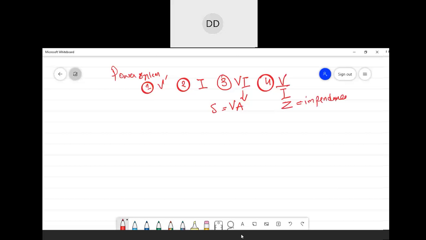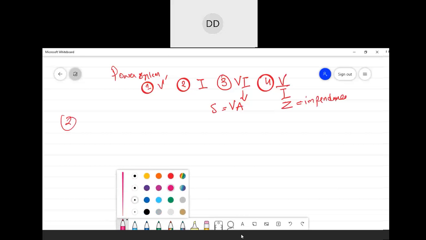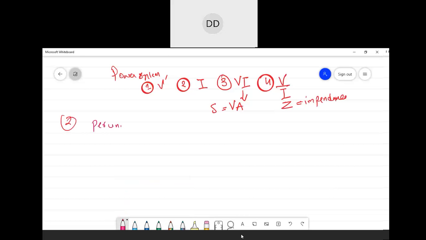So basically, when we are studying the impedance in this per unit system, I already explained what per unit is. Any quantity, if you have to express it in terms of per unit, it would be Z actual by Z base. This is it.